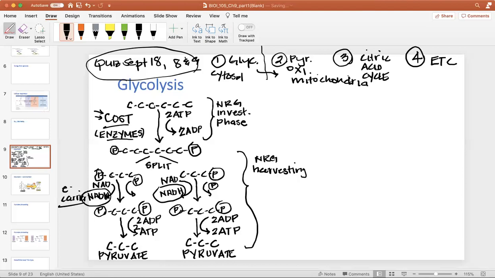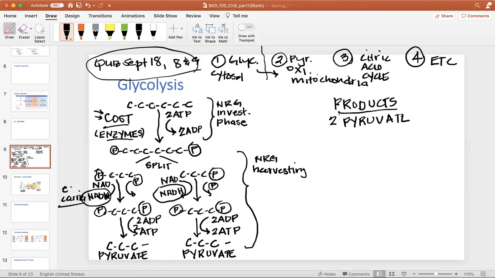So let's think about what we generated during this whole process. Let's think about what the products of glycolysis look like. All right, first off, we got these molecules here, didn't we? We ended up with 2 pyruvate molecules, and we're going to use that in the very next step of this process.